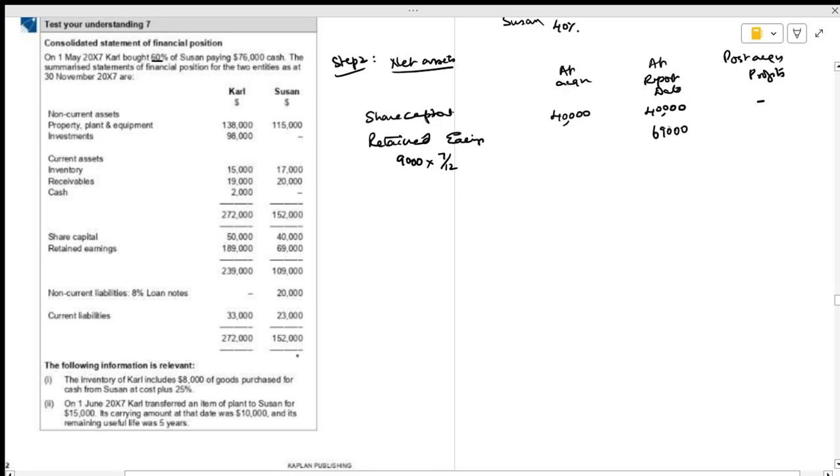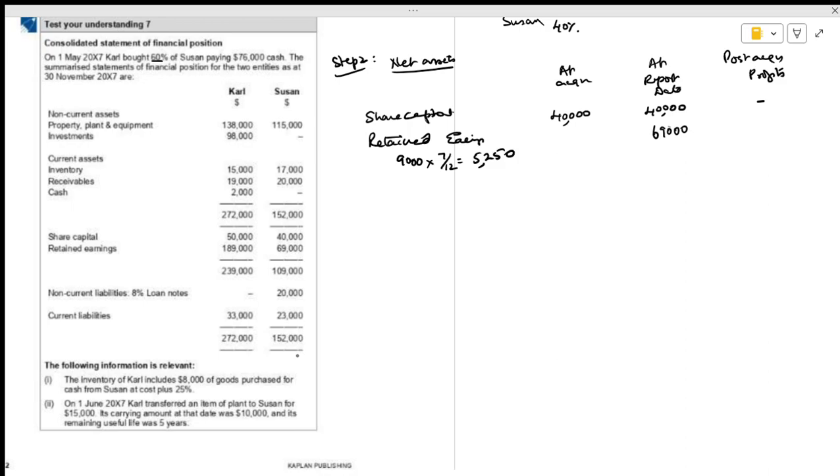How much will it come? 9,000 times 7 divided by 12, which is 5,250.